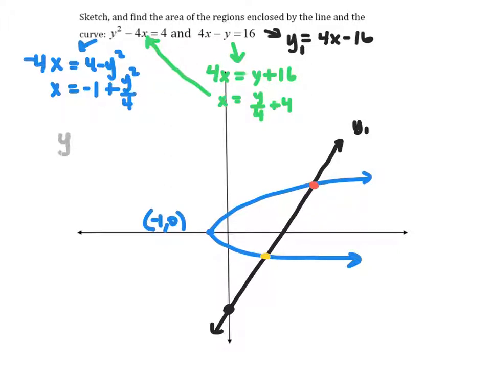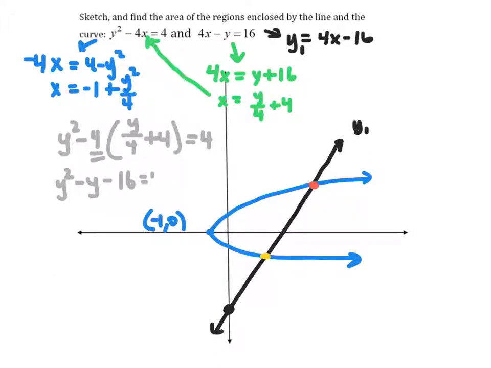So that'd be y squared minus 4 times x. X is y over 4 plus 4. And that's equal to 4. Okay, so if I distribute this 4 here, I'll get y squared minus y. The 4's will cancel. Minus 16 equals 4. And therefore, y squared minus y minus 20 equals 0. That's factorable.